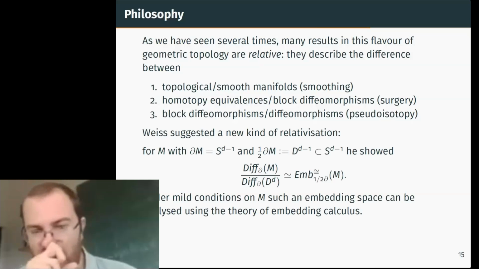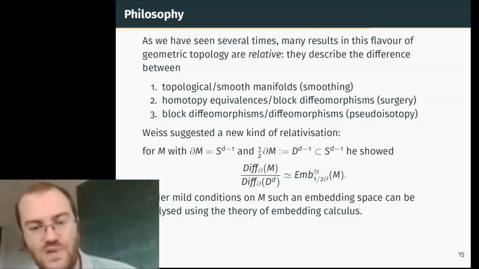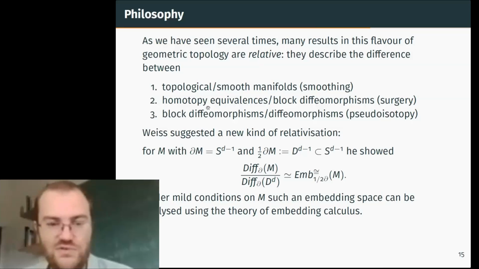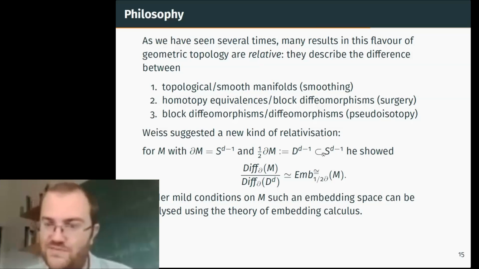So Weiss thought up, during his argument about these Pontryagin classes, a new kind of relativization, which is as follows. If you start with a manifold with boundary, whose boundary is a sphere, and let's say half the boundary is a name for the lower hemisphere inside the sphere.